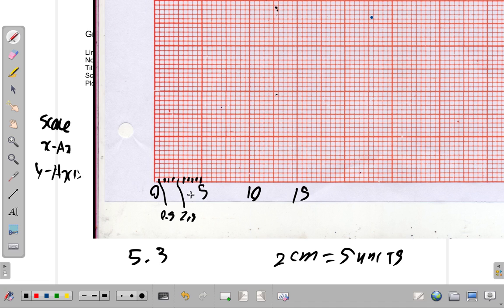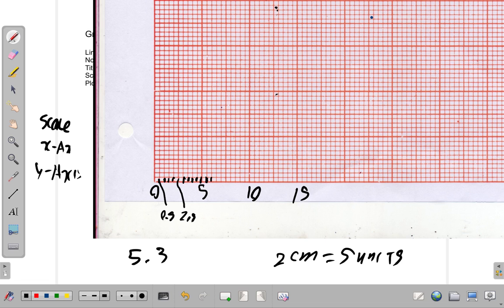You see that? So you want to find 5.3. You know that you pass 5 and each division here represents 0.5. So you have 5, then 5.5. Not 6, you don't read 6. It's 5.3.